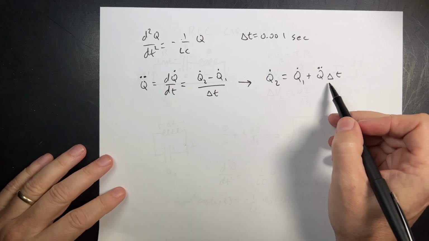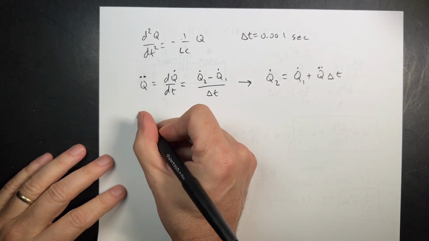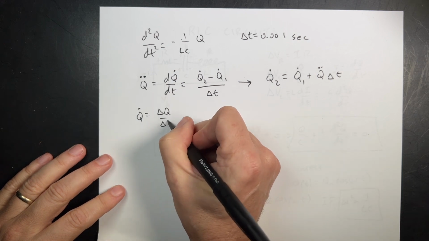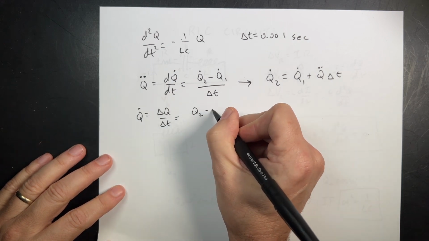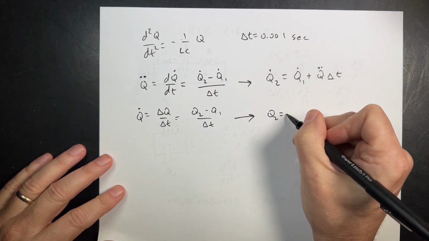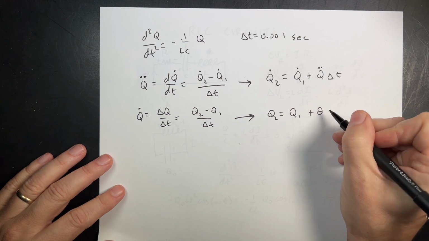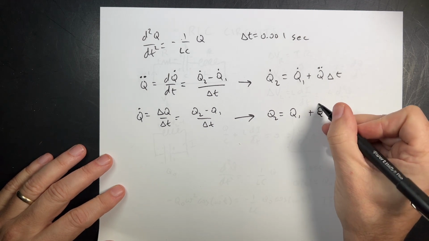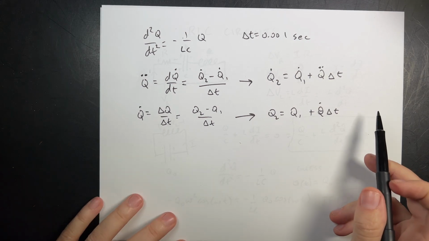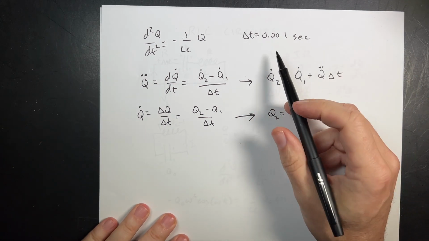Now I can do the same thing. I can assume q dot is constant, and I'm going to write that as delta q over delta t, or (q2 minus q1) over delta t, and I get q2 equals q1 plus q dot delta t. Now, what I've done is I've started this time interval.